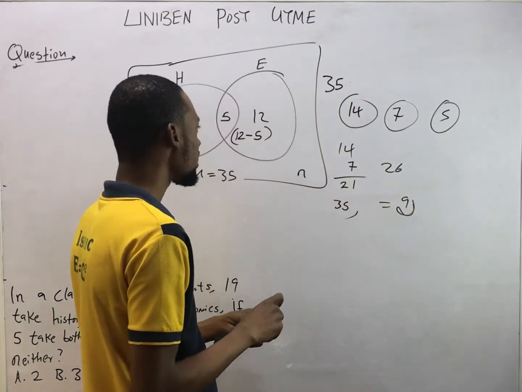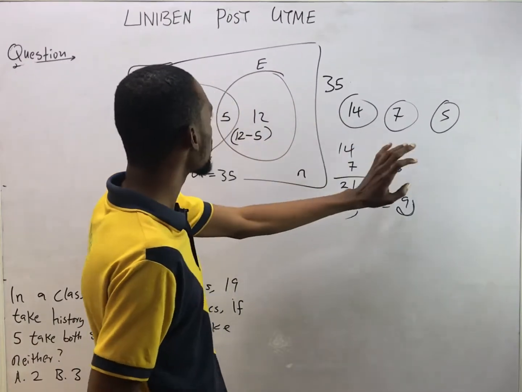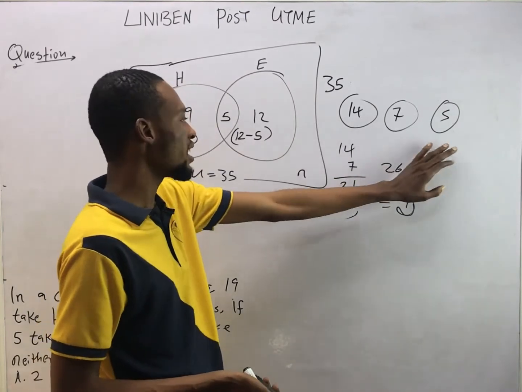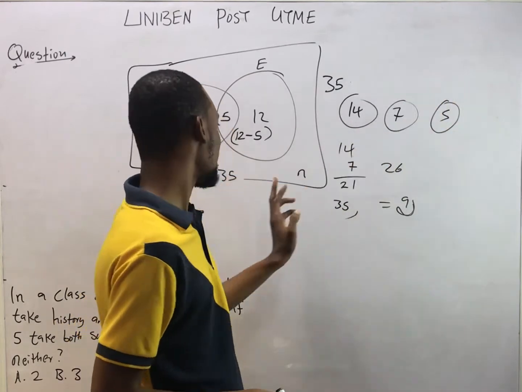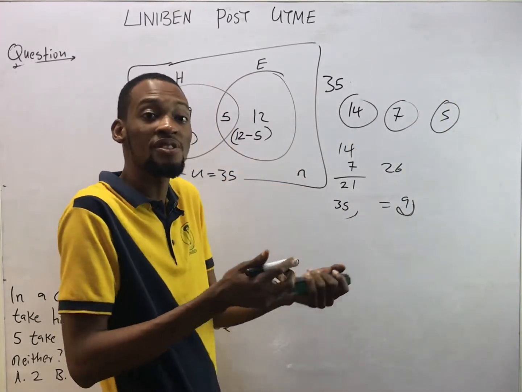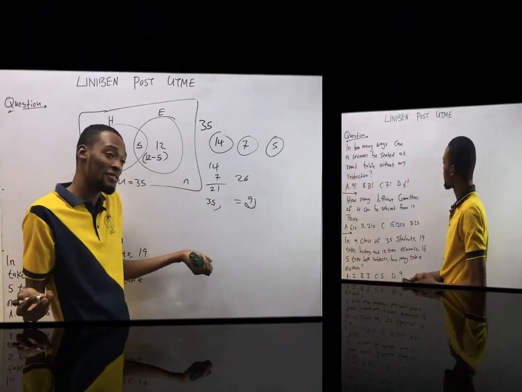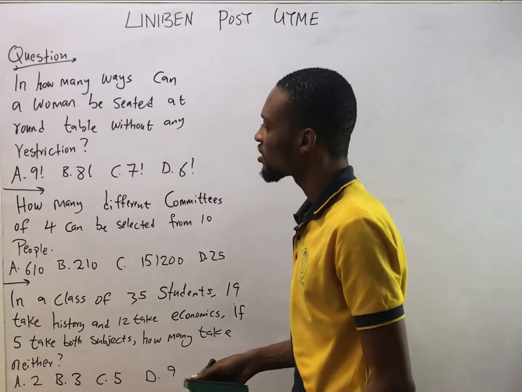So 9 take neither. This takes only history, this takes only economics, and this takes both. If you add everything and subtract from everybody in the class, what remains will be those unserious students that take nothing.